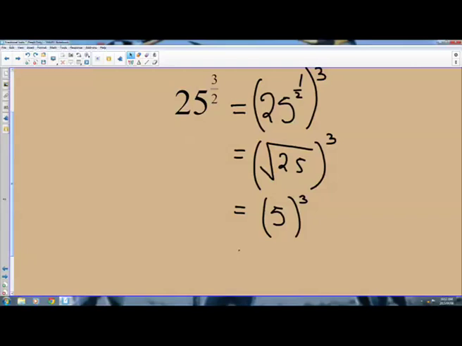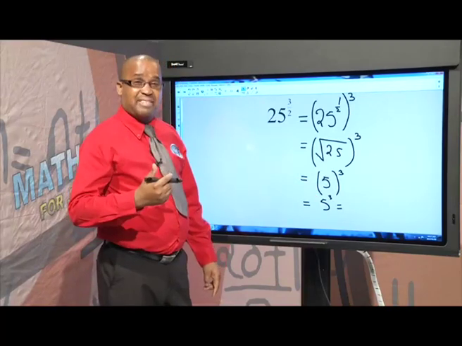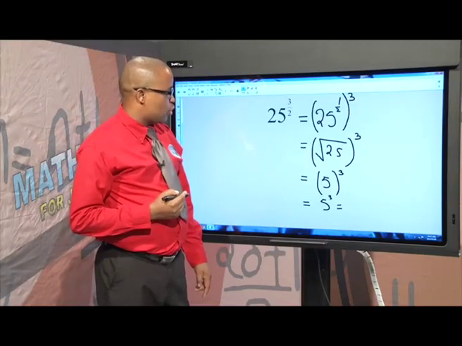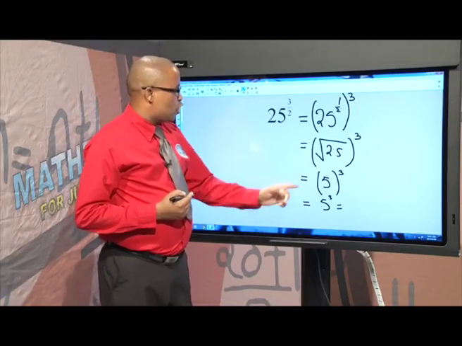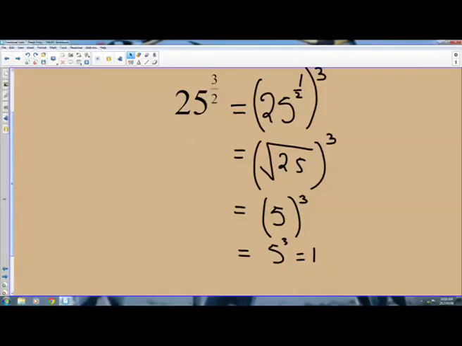And then this will be 5 raised to the power 3, and this is simply saying multiply 5 three times, and then 5 times 5 is 25, times 5 is 125. So 5 cubed, that is 5 raised to the power 3, equals 125.